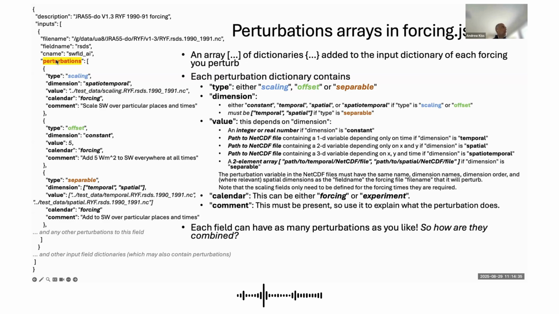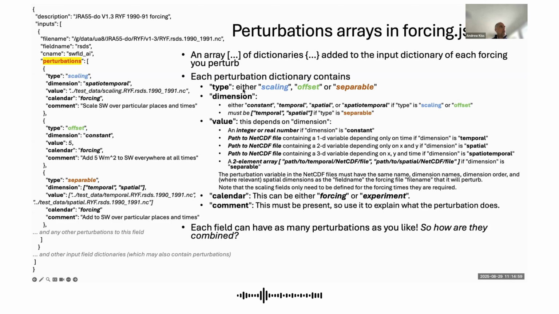The perturbations is another array, so you've got an array containing dictionaries containing arrays, and the elements of that array are dictionaries. There can be as many of those dictionaries as you want, and each one has a bunch of keys and values in it.